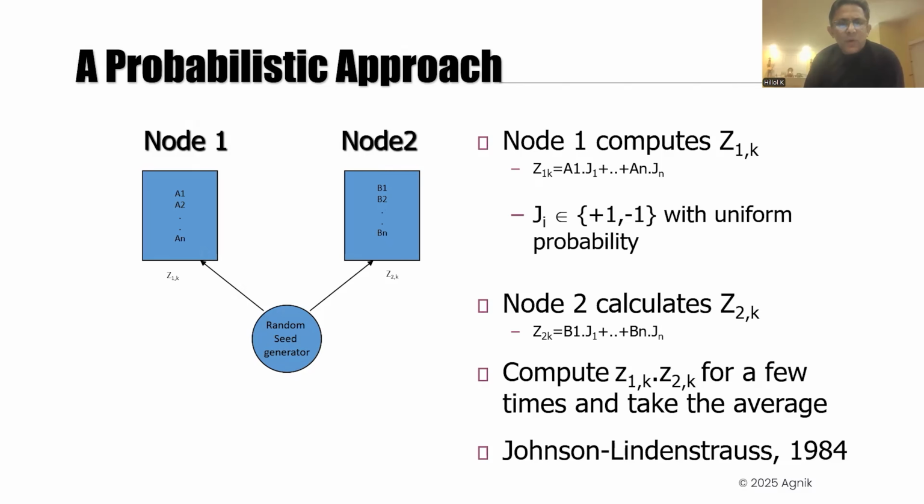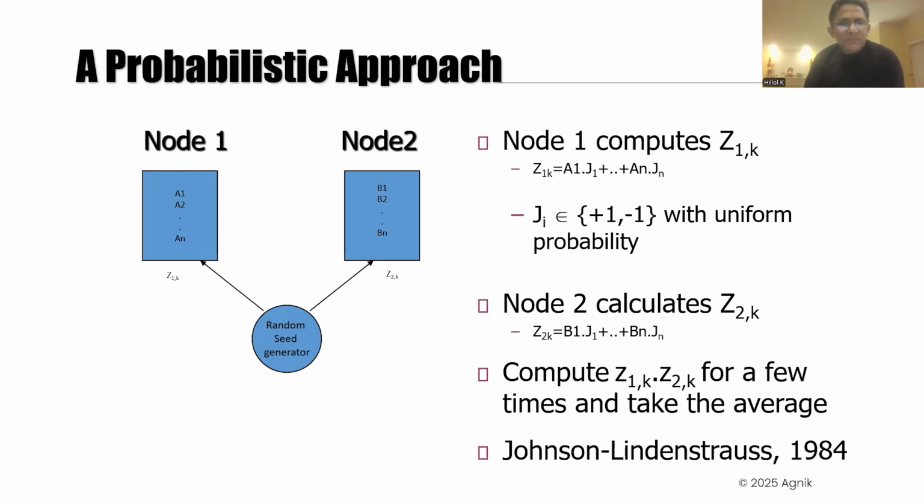What are you going to do with that? You are going to flip a coin and change the sign of each of the entries in the column vector. For example, for A1, with 0.5 probability you keep the current sign, and with 0.5 probability you flip the sign to its negative. This is equivalent to taking A_i and multiplying it by a scalar j_i, where j_i takes a value from the set {+1, -1} with uniform probability.